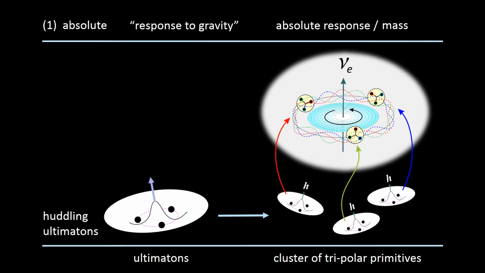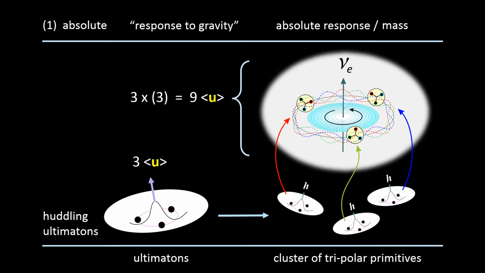So, for example, if our building block has 3 ultimatons, and we build a tiny structure from 3 such blocks, then we have 3 times 3, or 9 ultimatons. 9 units of absolute ultimatonic gravitational response. 9 units of absolute ultimatonic mass.